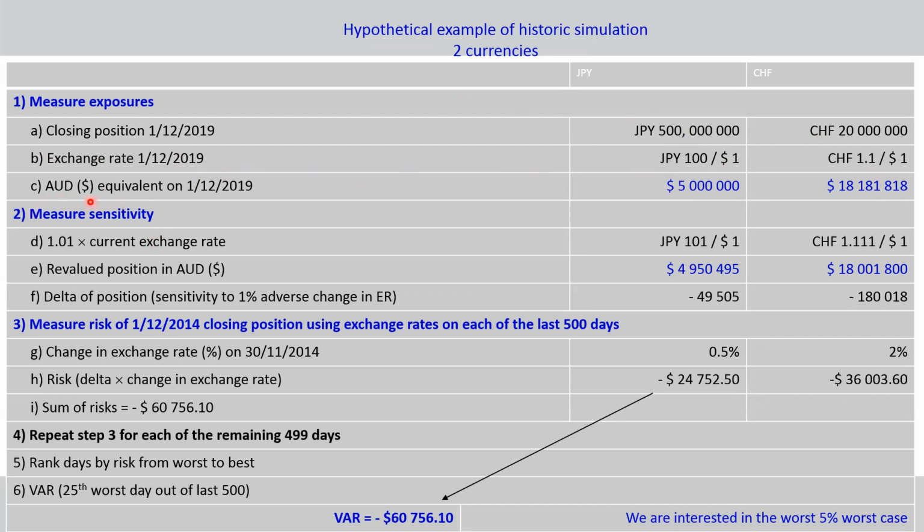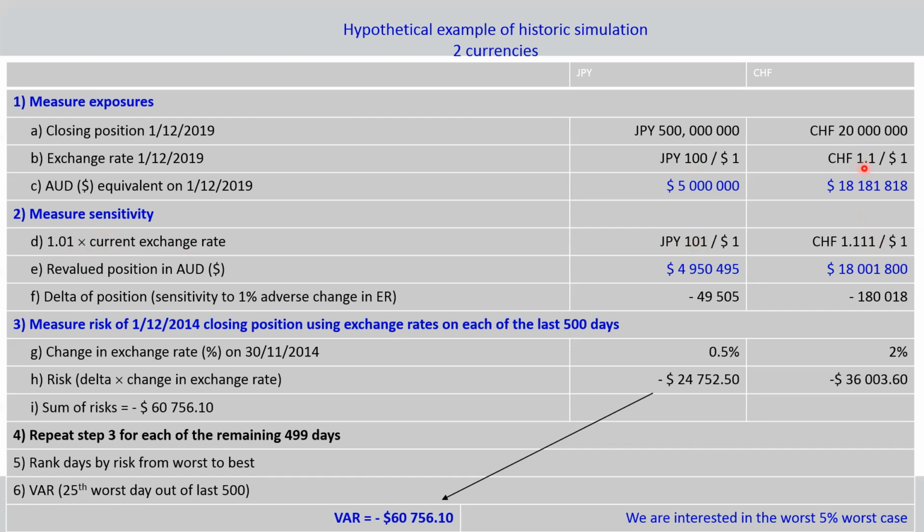Now, when we start to measure the sensitivity, please follow me step by step, because I will take you to the delta, and then from the delta, I will tell you what we are going to do. So the delta assumes that there is a 1% change in the current rate. If this 1% change happens, the Japanese yen will go from 100 to 101.